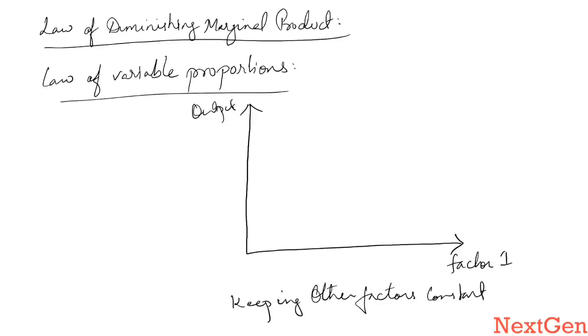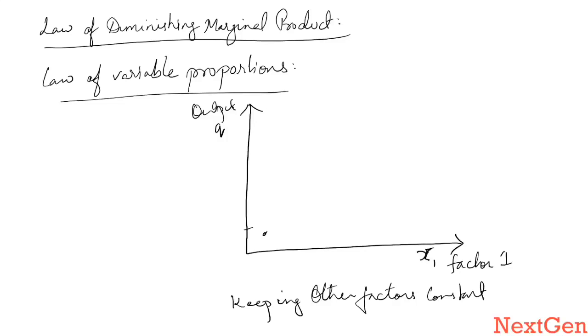Now, keeping all other input factors constant and only input factor 1 as a variable, which we are plotting against the horizontal axis, the output is plotted against the vertical y-axis denoted by Q, and input denoted by x1.